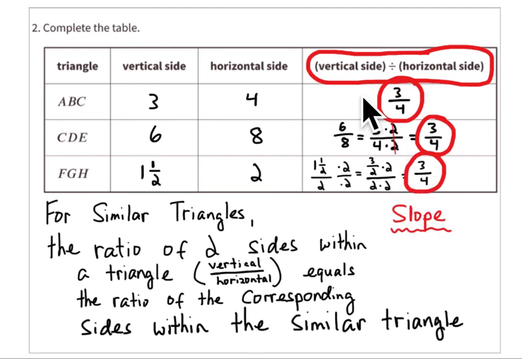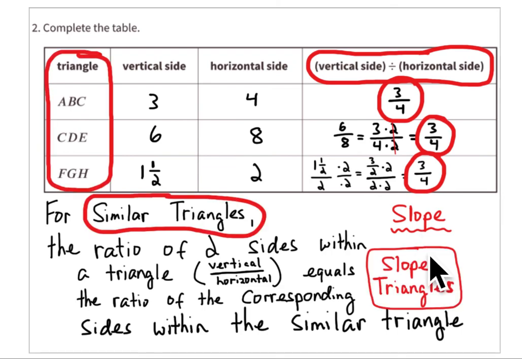Whenever you look at how far something moves in a vertical direction compared to how far something moves in a horizontal direction, that's called the slope. I'm going to look at that in just a moment. And these triangles we're going to call slope triangles. So these triangles are all similar. So when you take triangles and you put them all along the same line, the long side all along the same line, those are called slope triangles. All right, so we're going to work on this more.